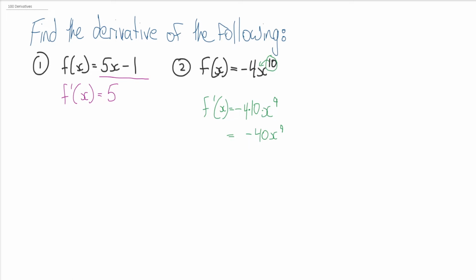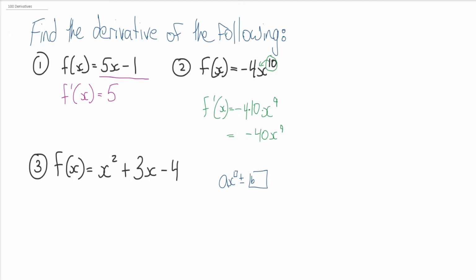Okay, let's do it. Number 3. Okay, now we're given a more fleshed out polynomial. Polynomials have terms that have a constant. They have an x or some variable with a whole number exponent, and we're going to have ax to the something plus or minus bx to the something plus or minus cx to the something, and we can keep going forever, right?